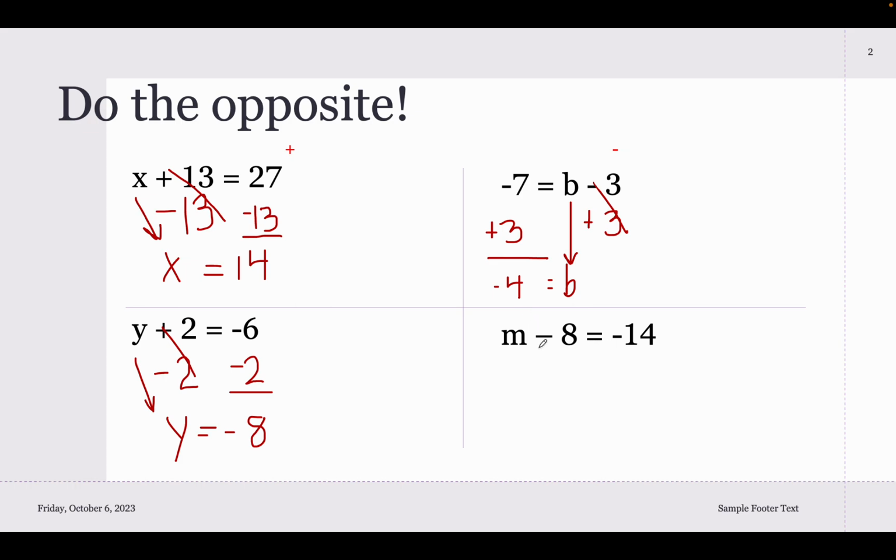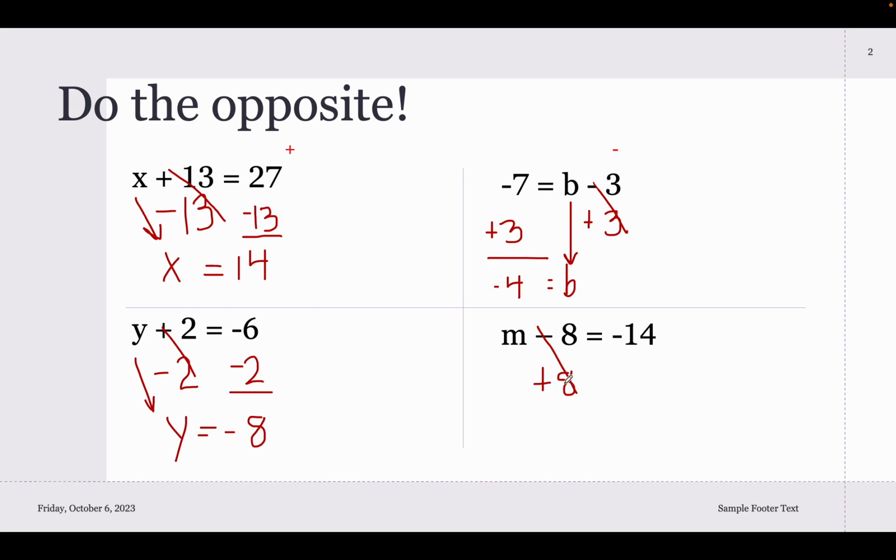I have m minus 8 equals negative 14. I have this minus 8 here that I need to get rid of so that I can get m by itself. So I'm going to do the opposite. I'm going to add 8. Once I do that, negative 8 plus 8 equals 0, so that means that I have m left all by itself.